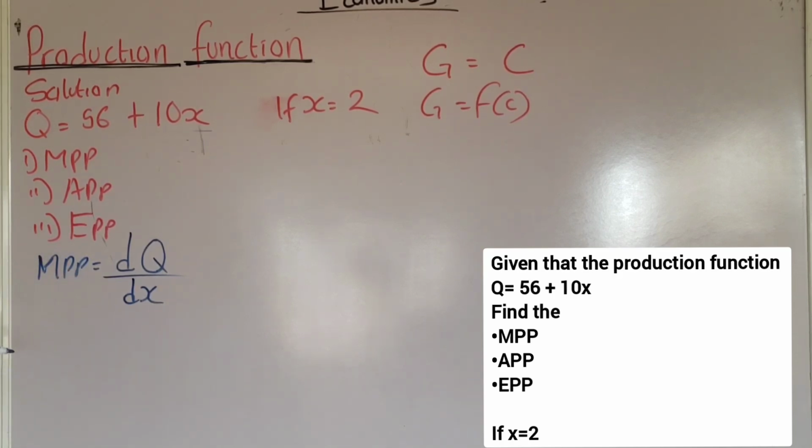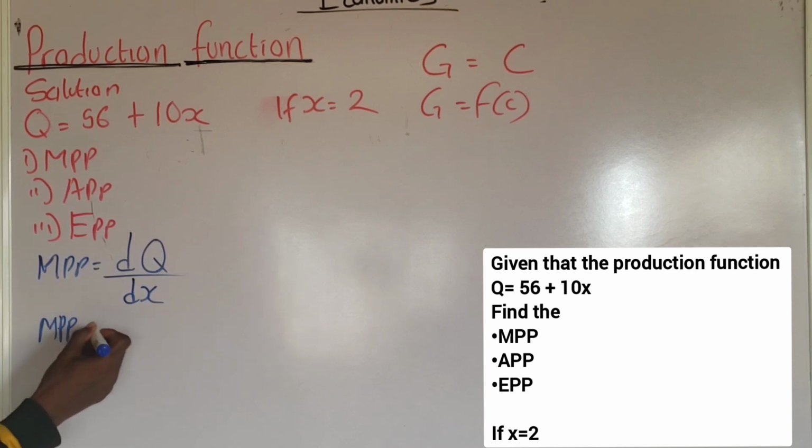You have to master some basic formulas as far as the ability to solve this question is concerned. So, if you missed our previous class, you can check the channel and watch those classes. So this is the formula to calculate the MPP. If you differentiate Q with respect to X, we are going to have the marginal physical product MPP equal to, using the power rule of differential calculus, if you differentiate 56, you are going to have 0.